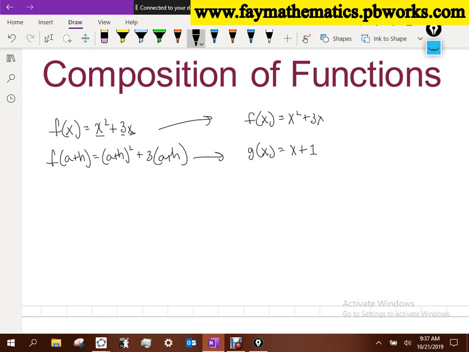Still kind of the same structure. But now wherever I see an x up here, I'm going to replace it with x plus 1. So it's going to turn into x plus 1 squared plus 3 times x plus 1.